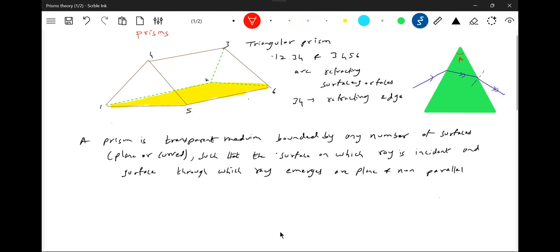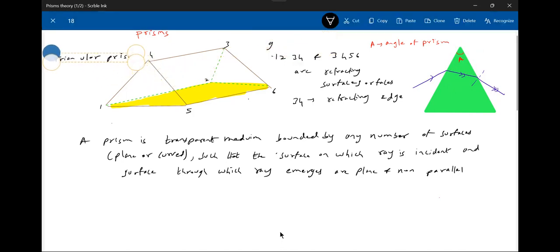What is A? A is called the angle of prism. The angle between the refracting faces is called the angle of prism, and this will be a plane diagram. That one was the three-dimensional view, and most of the problems we discuss will be about a triangular prism.